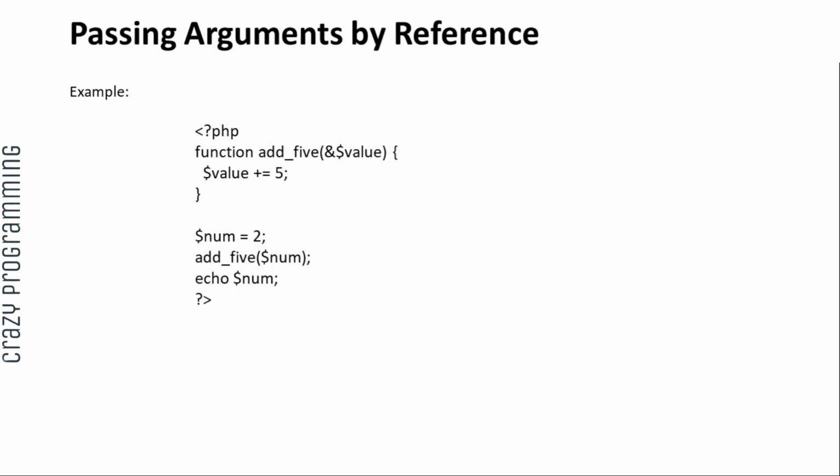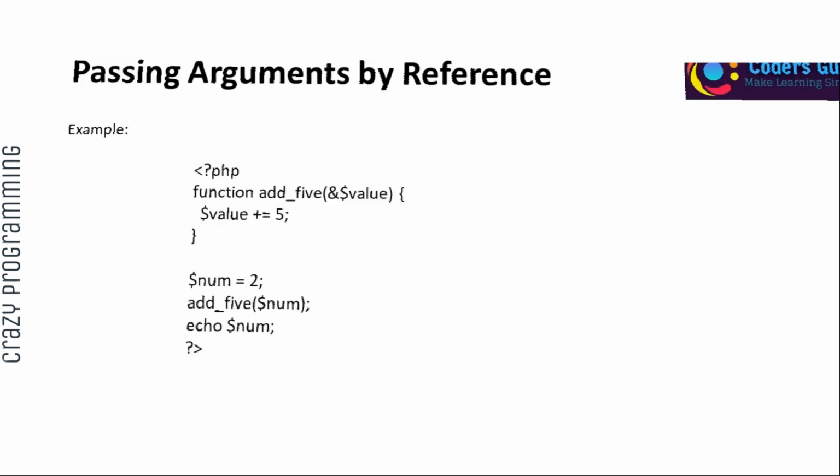When I print the num variable, it will show 7 as the result.